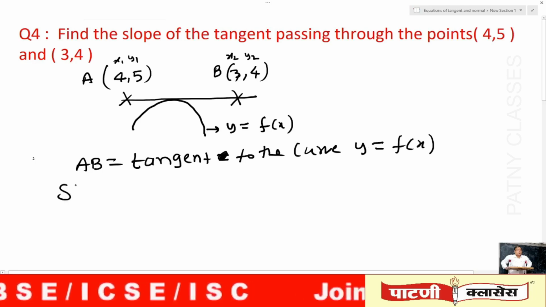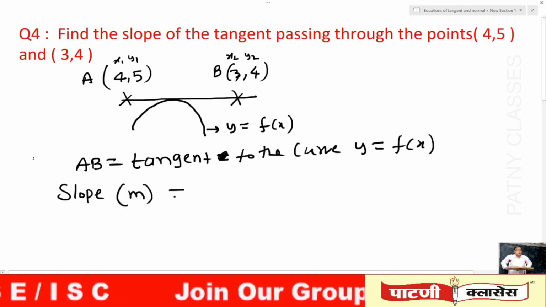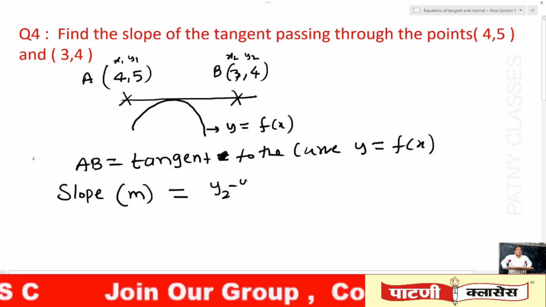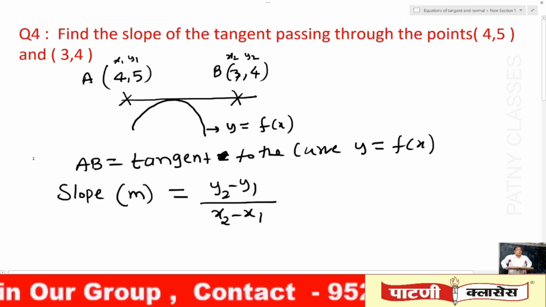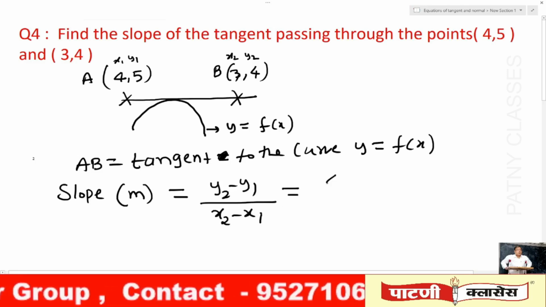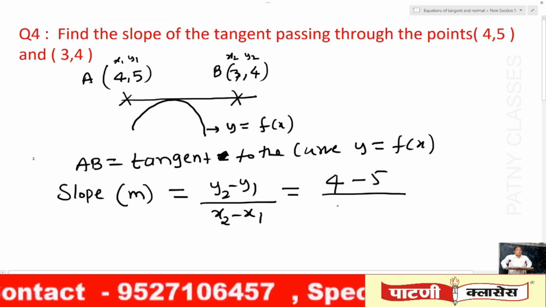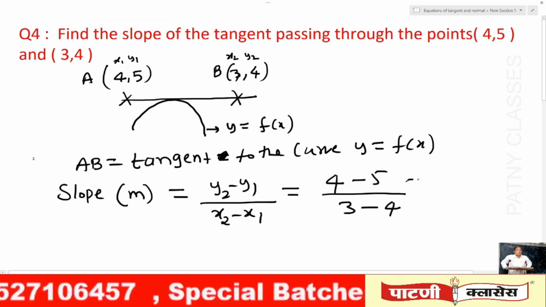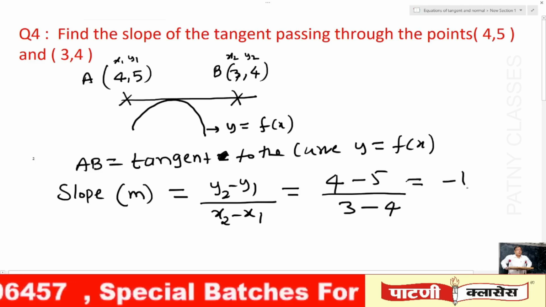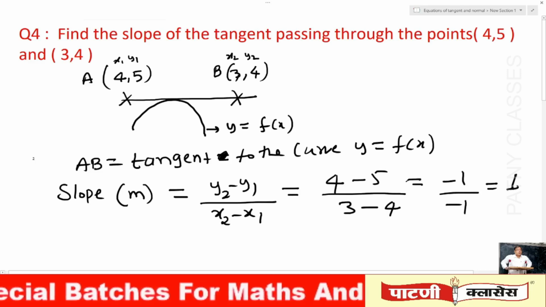Now the slope of any line is given by the formula y2 minus y1 upon x2 minus x1. So what is y2? 4. And what is y1? 5. And what is x2? 3. And what is x1? 4. So we have minus 1 upon minus 1 equals 1.